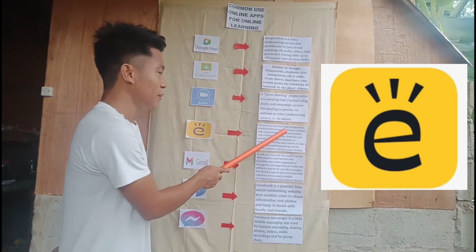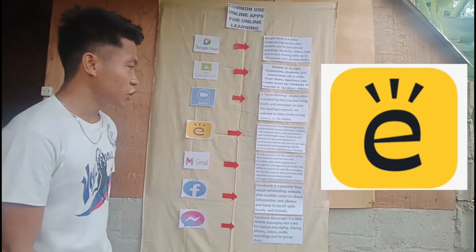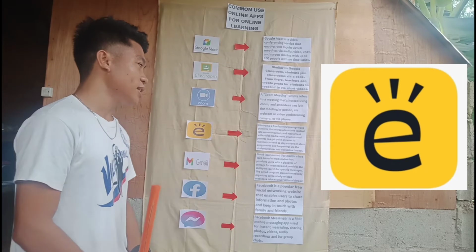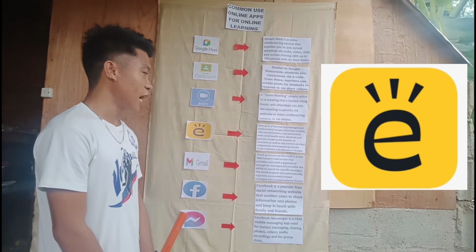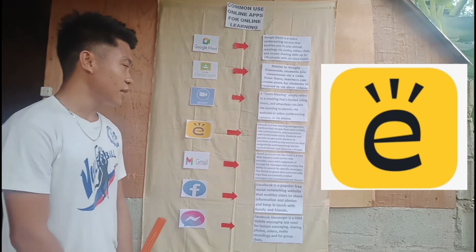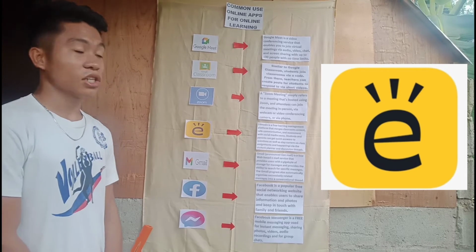Next one is Edmodo. Edmodo is a free learning management platform that merges classroom content, safe communication, and a system with social media, so students and parents can get quick answers to questions as well as stay current on class assignments and happenings via the student planner and discussion threads.